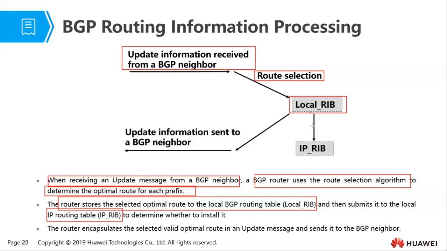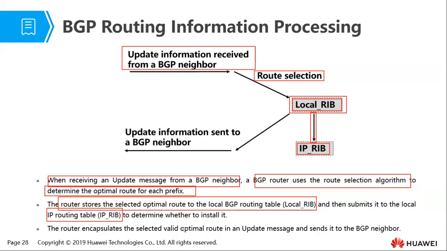So after you install it in your local RIB, that's why when we are doing display BGP routing table, we are simply displaying the content of the local BGP routing information base. When you're doing display IP routing table, we are displaying the content of the IP routing information base.